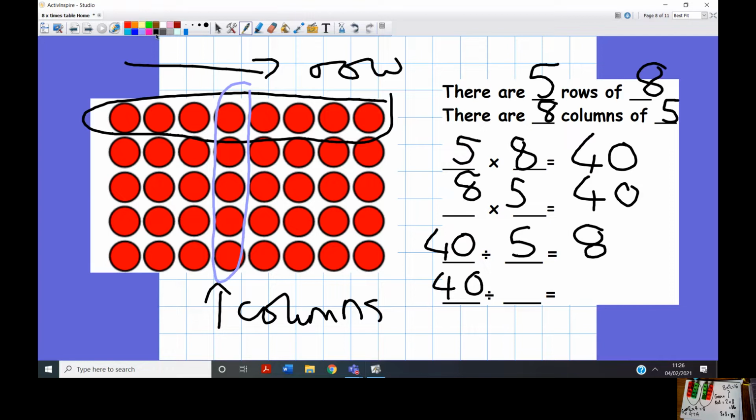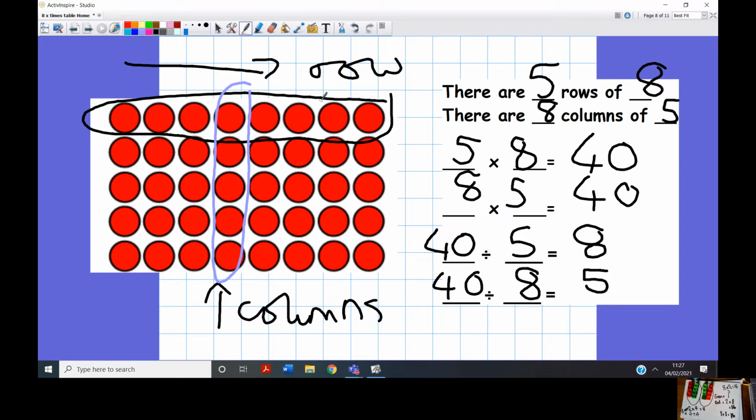So 40 divided by 8, or 40 shared between 8 equal groups, would give me 5 in each group. So remember, an array will give you a lot of different facts. It will show you your commutativity in multiplication, and it also shows you your inverse. It's a fact family. It's a massive amount of knowledge in a few little coloured dots.